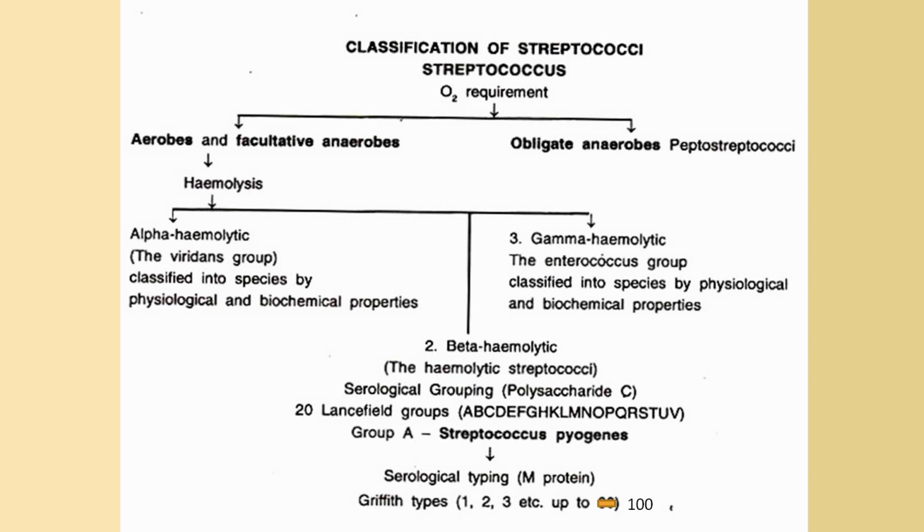Now normally a healthy person doesn't get any kind of infection with this group. But in some conditions with predisposing factors, suppose you have a congenital heart issue or anything, these organisms can cause subacute bacterial endocarditis. It's a clinical condition seen in some people because of the normal organism present in your oral cavity.